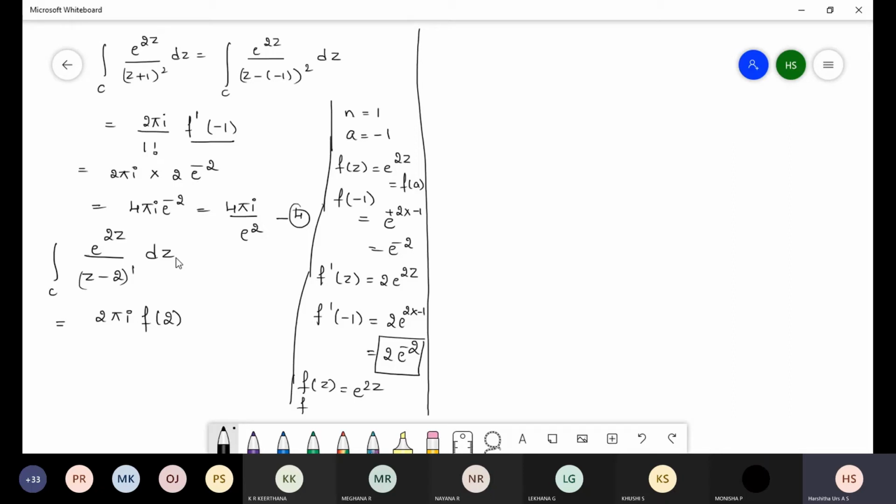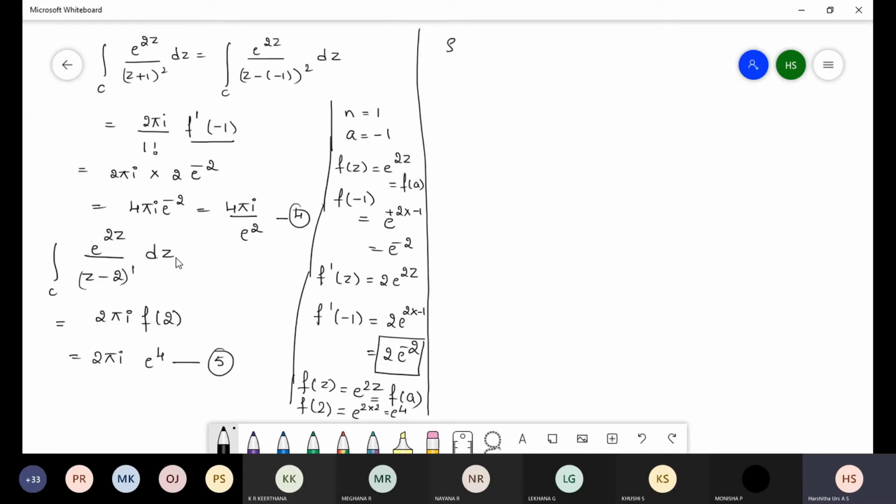So f of 2 is equal to e power 2 into 2, so e power 4. So 2 pi I into e power 4. Call this equation 5.